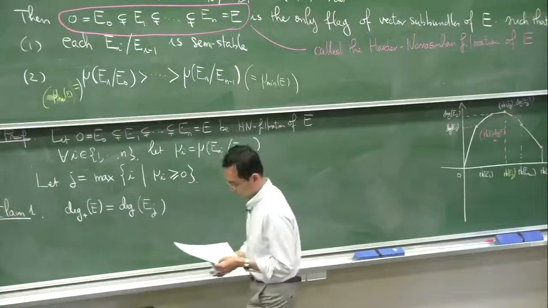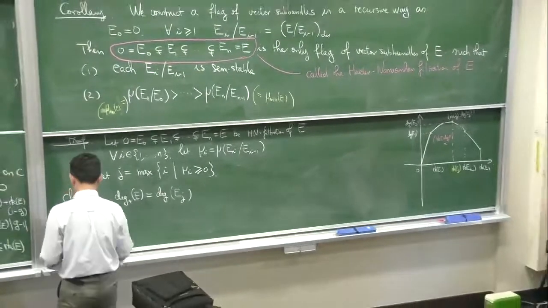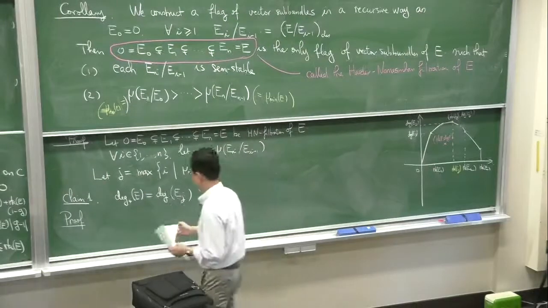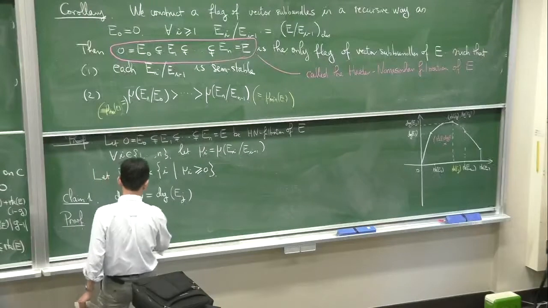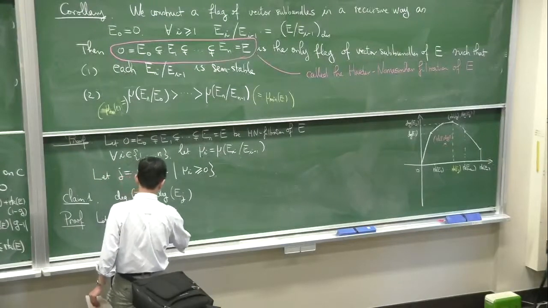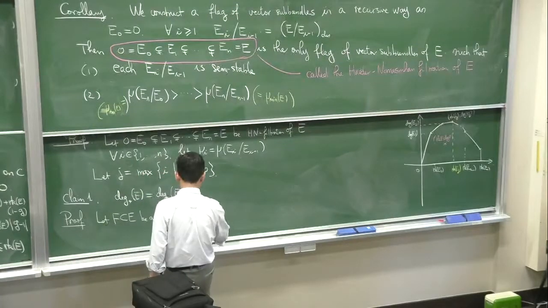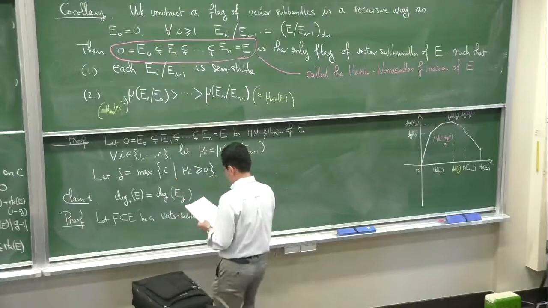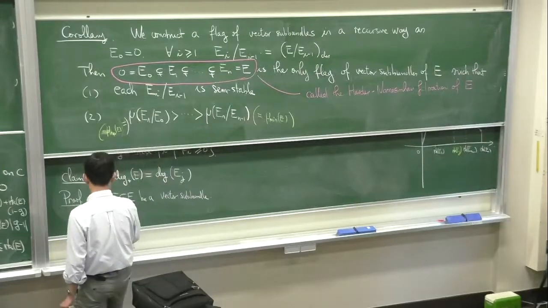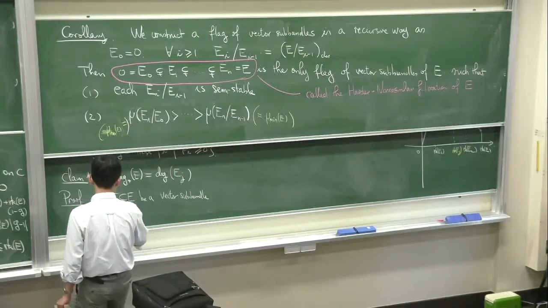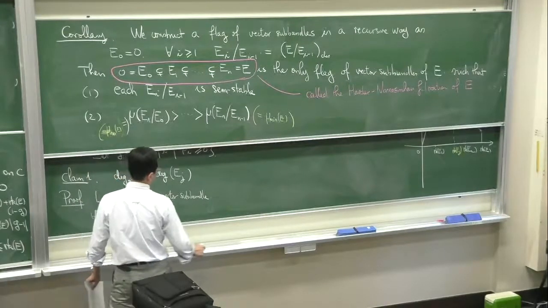Of course I can give you a formal proof for this statement. So let F be a vector subbundle. For any i, let Fi be the intersection of F with Ei.